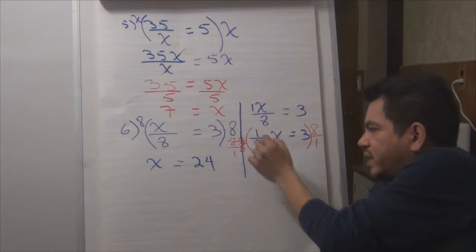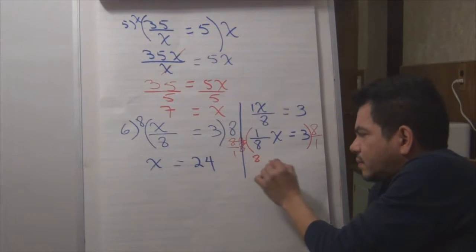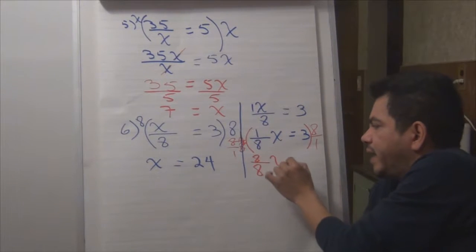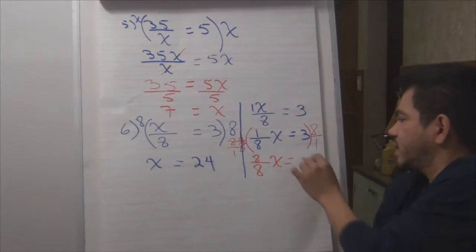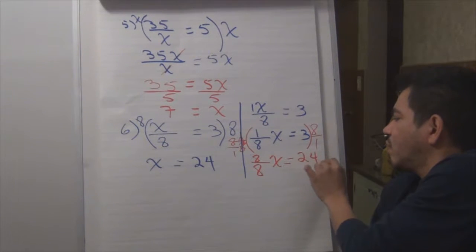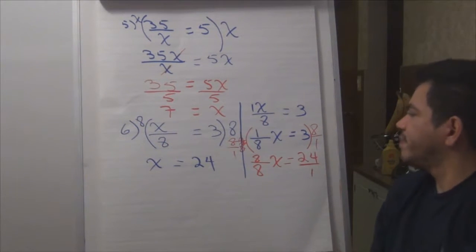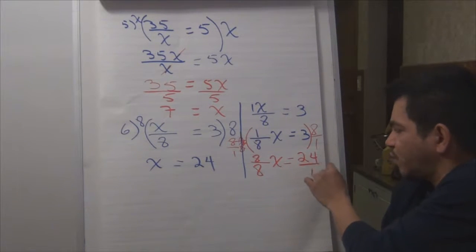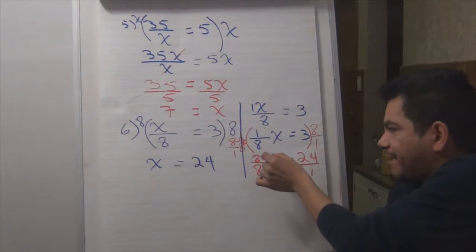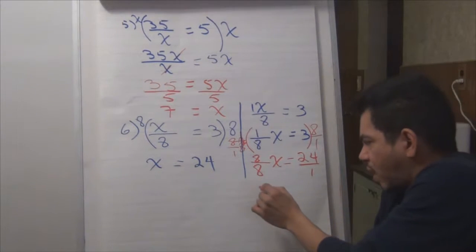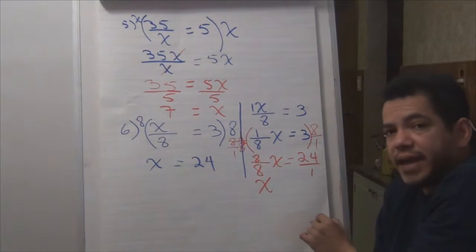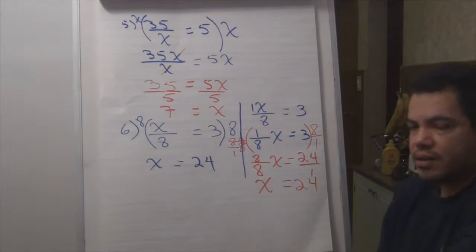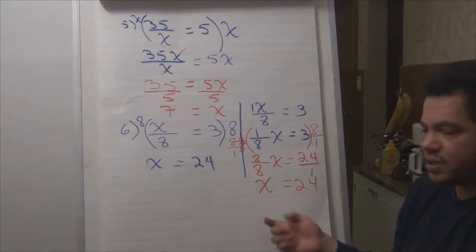So 8 times 1 is 8 over 8, x equaling 24 over 1, because 3 times 8 is 24. Now 8 over 8 is 1x. And of course 24 over 1 is just 24. So we have the same result.